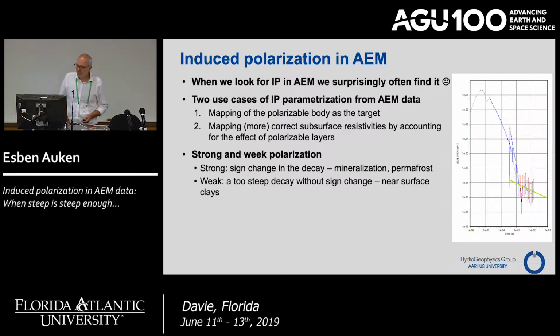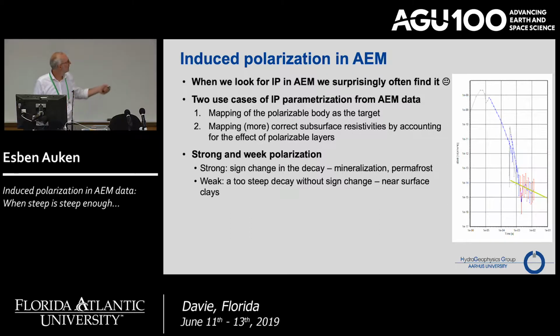Then we can also divide these polarizations into what we call strong and weak polarization. A strong polarization is where we have sign changes in the decays. That would be in mineralizations. It could also be in permafrost. We've seen very strong polarizations and sign changes in permafrost. But very, very often, and that's also the dangerous ones, is where we have basically too steep decays.